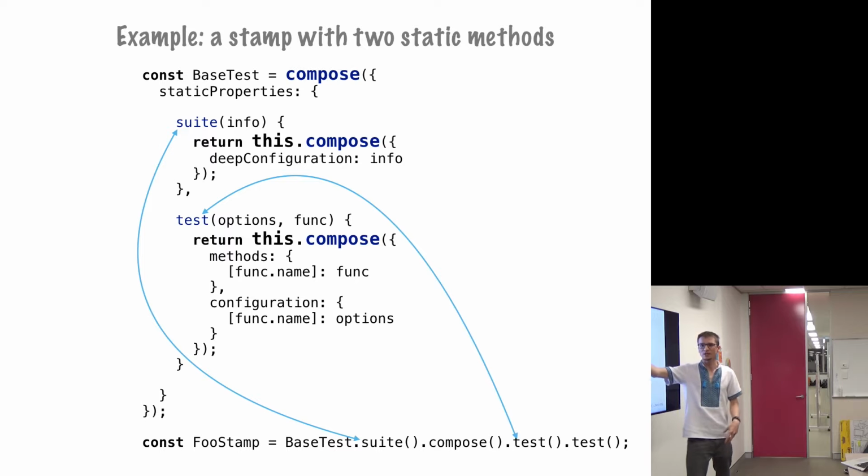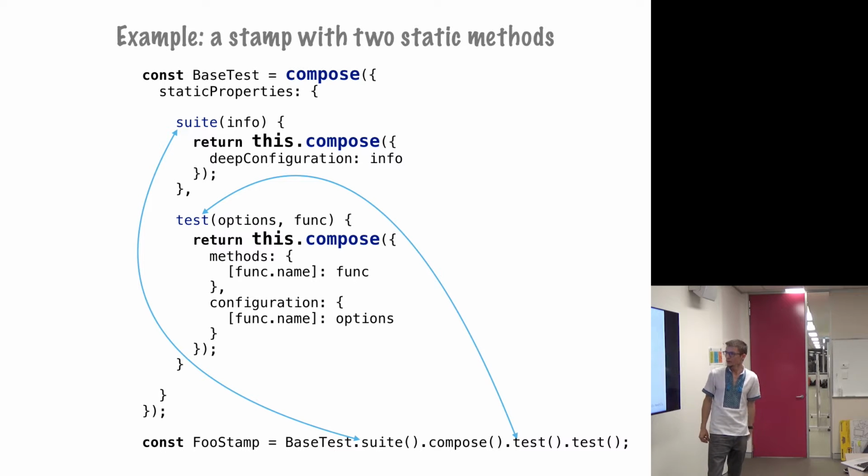It will access itself. So this references the stamp. So what it does, it just adds a few more metadata into itself and returns a new stamp. As you remember, .compose always returns a new stamp.